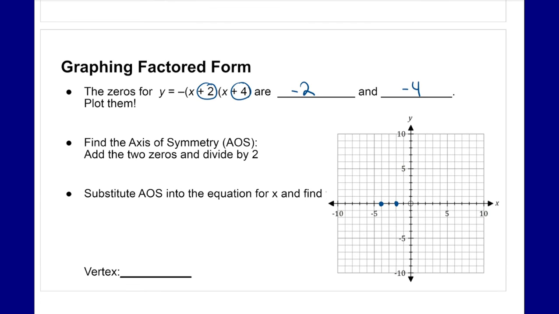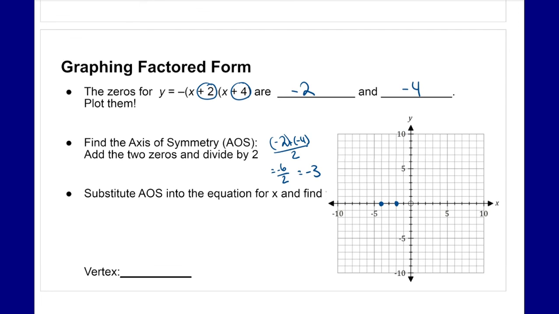We want to find the axis of symmetry, or that vertical line, by adding the two zeros together and dividing by 2. So negative 2 plus negative 4 divided by 2, negative 6 divided by 2, which is equal to negative 3.